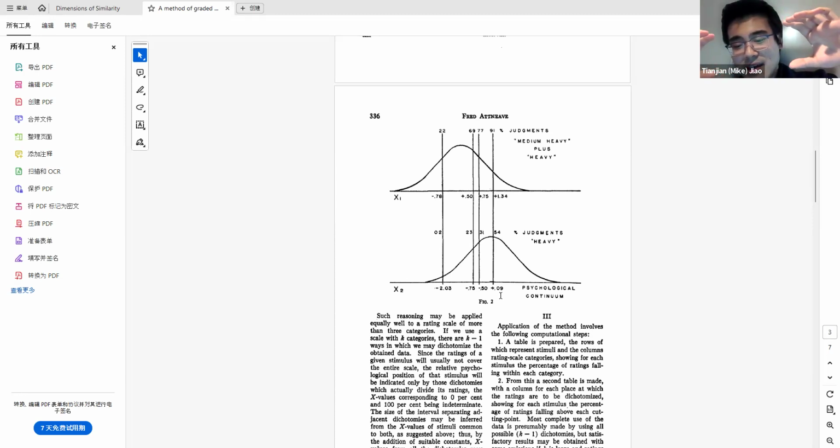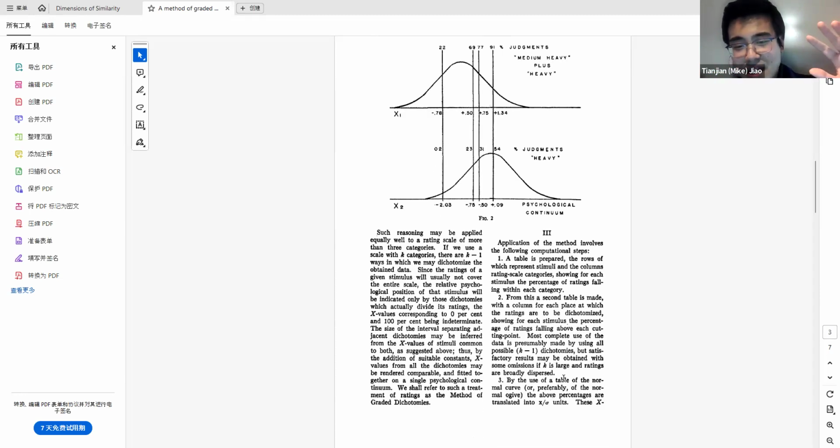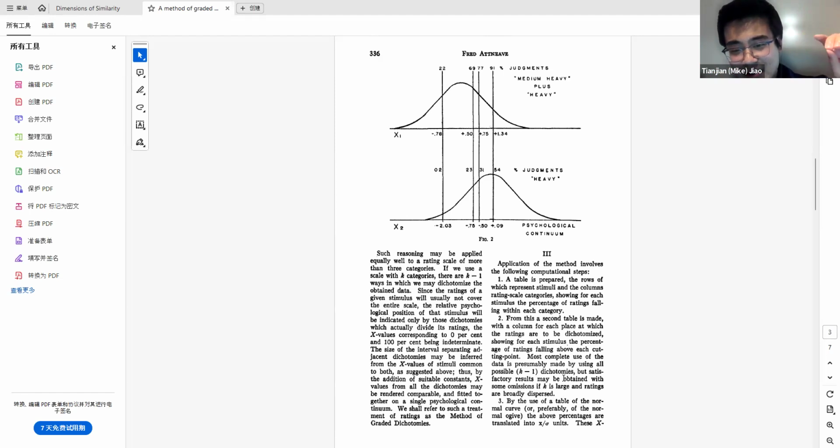And we repeat this process with different cutting points. So this time we have 4 and 3, maybe we have 1 and 6, maybe 2 and 5, maybe 3 and 4, and so on. Then we find these values.